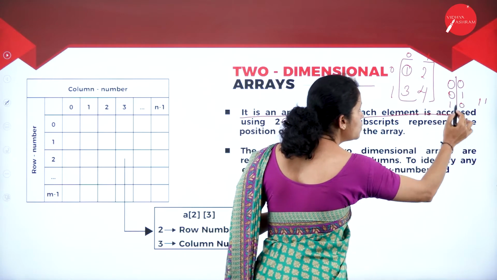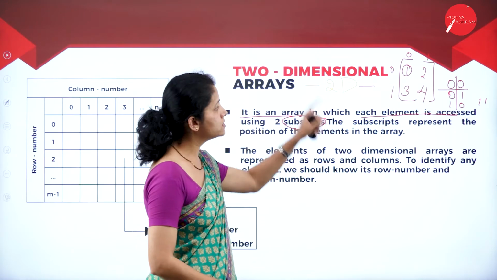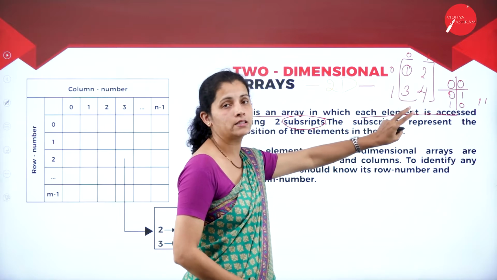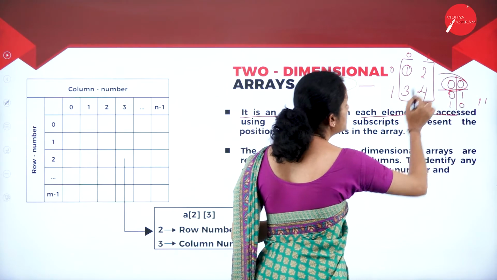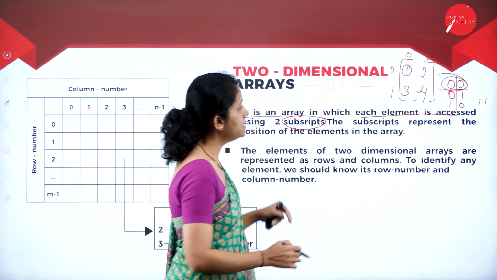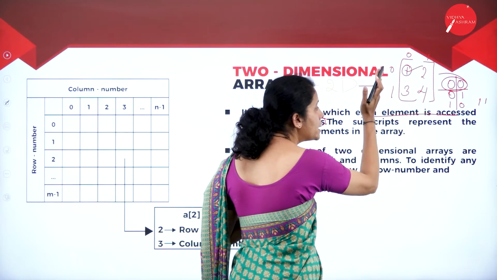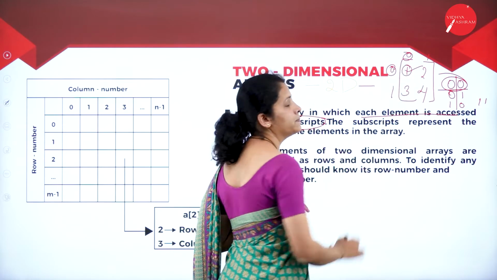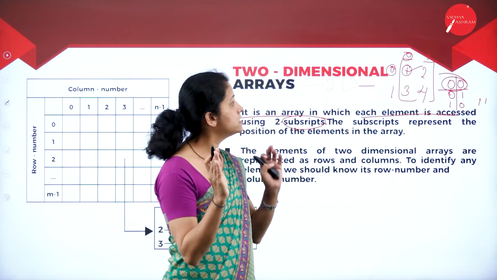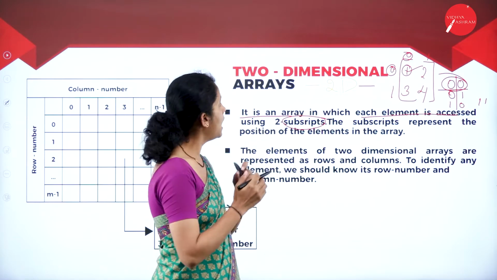So here this row and column represent the index. This is the row index as well as the column index. This kind of representation is called 2D or 2 dimension. That means if I want to access the value 1, then I require both indices, that is the row index as well as the column index.